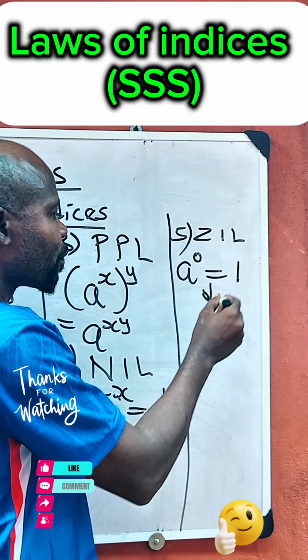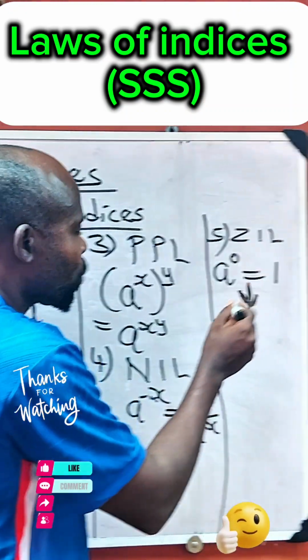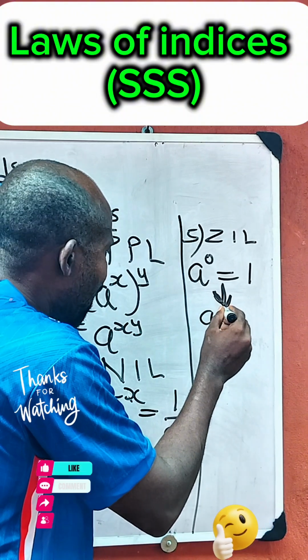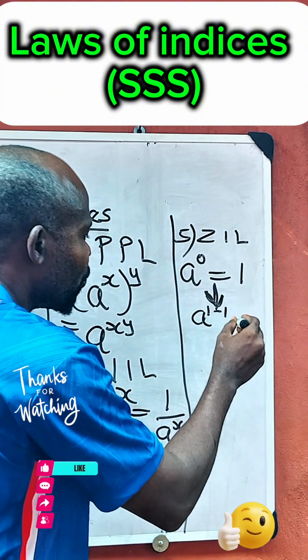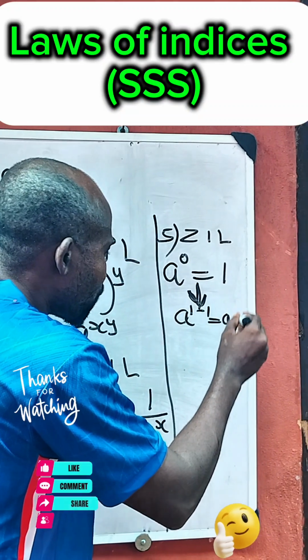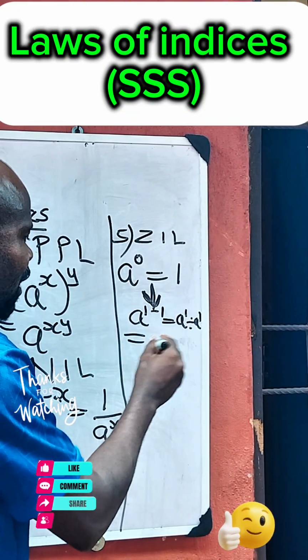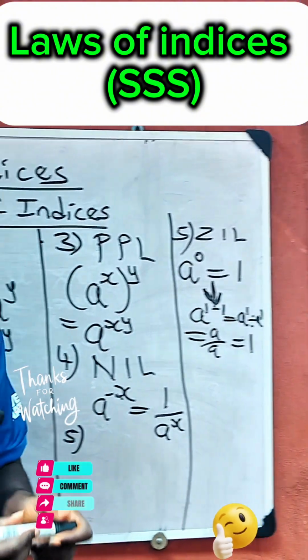There is a rule that anything raised to a power divided by itself works this way. So a raised to power 0 is the same thing as a raised to power 1 minus 1, which is a raised to power 1 divided by a raised to power 1. And anything that divides itself like this gives you 1.